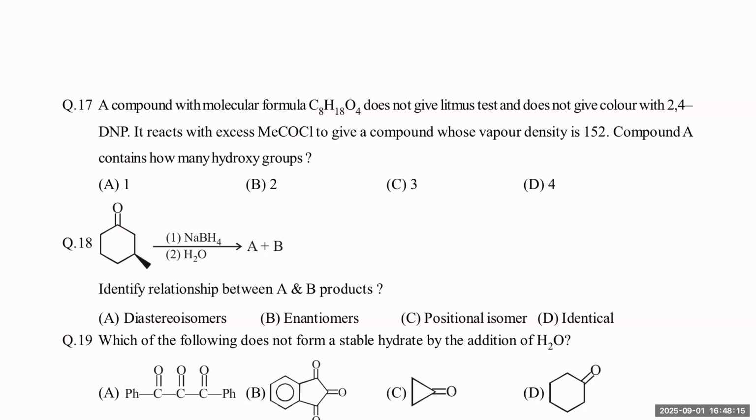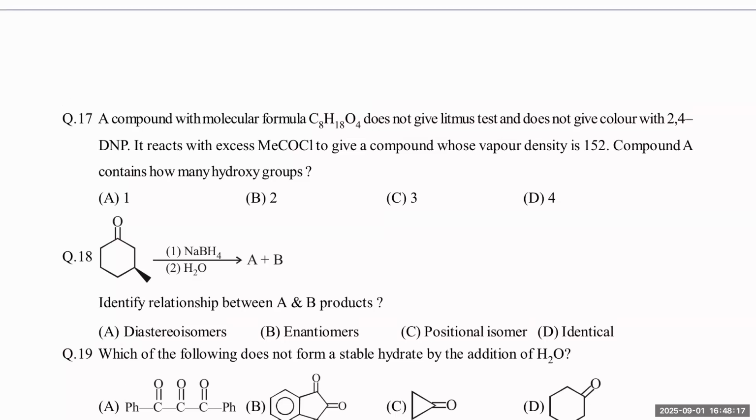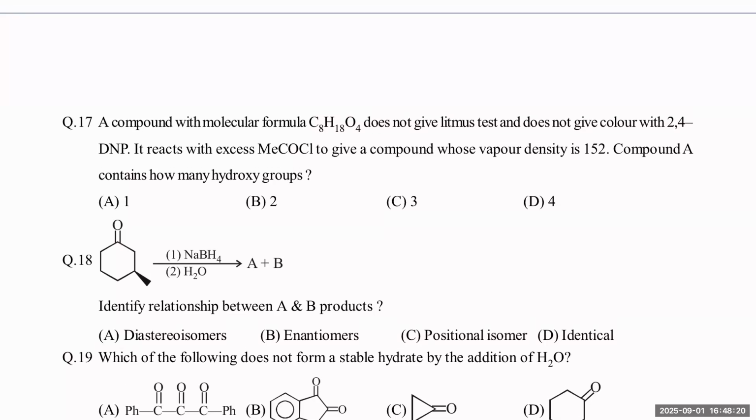So let's see how we can figure out how many hydroxy groups we have. For that, first we need to figure out the molar mass here. The molecular mass is 8 into 12 plus 18 plus 64. So this is 96 plus 18 plus 64, which makes it 178.